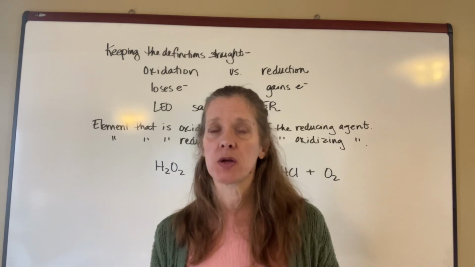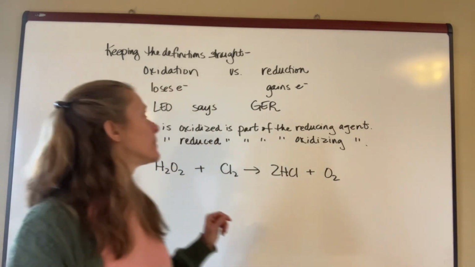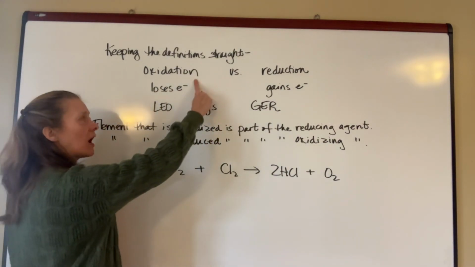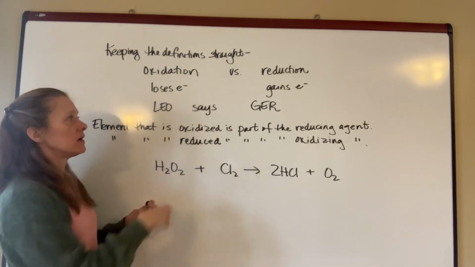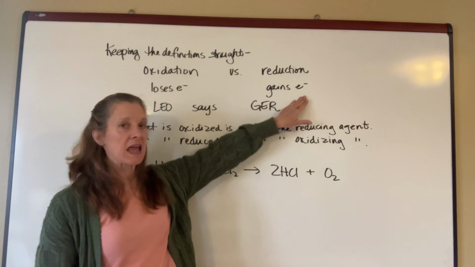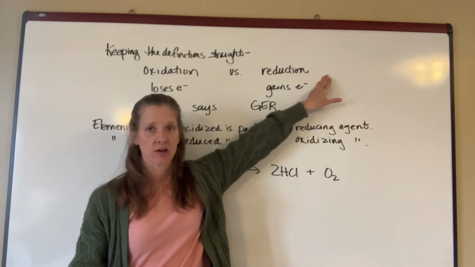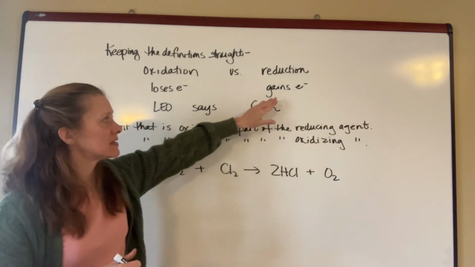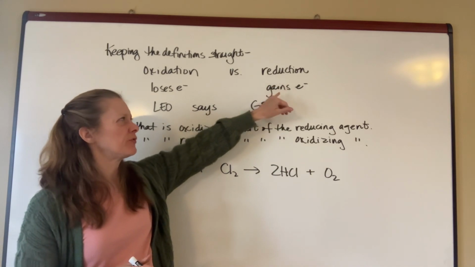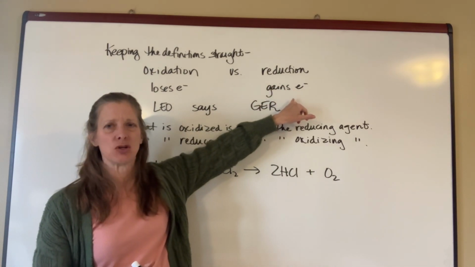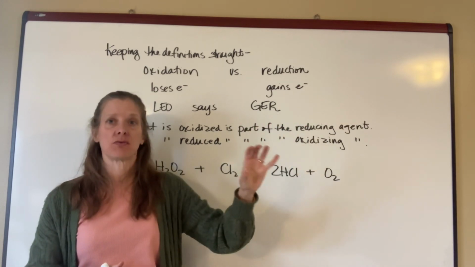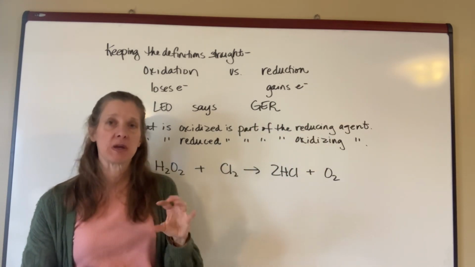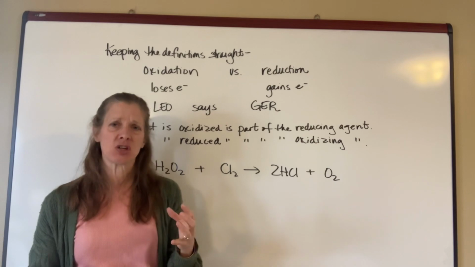You cannot have one without the other, because in oxidation, you have electrons that are lost, and then those electrons are gained in the process called reduction. Now, I realize that that sounds backwards, because usually if you reduce something, you're not gaining, you're losing something, okay? So that can be the tricky part of keeping these definitions straight.